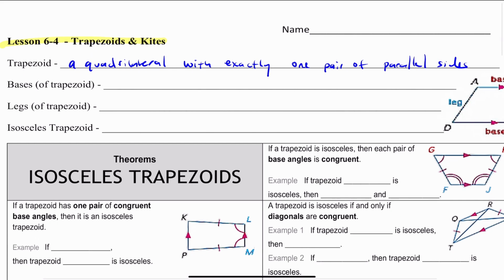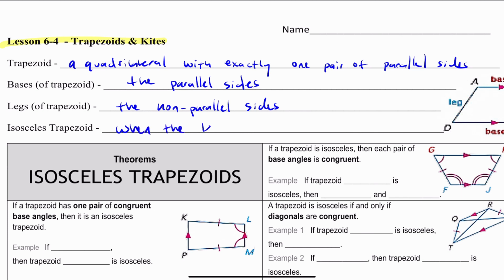The bases of a trapezoid are the parallel sides. The legs of a trapezoid are the non-parallel sides. And the isosceles trapezoid is when the legs are congruent.